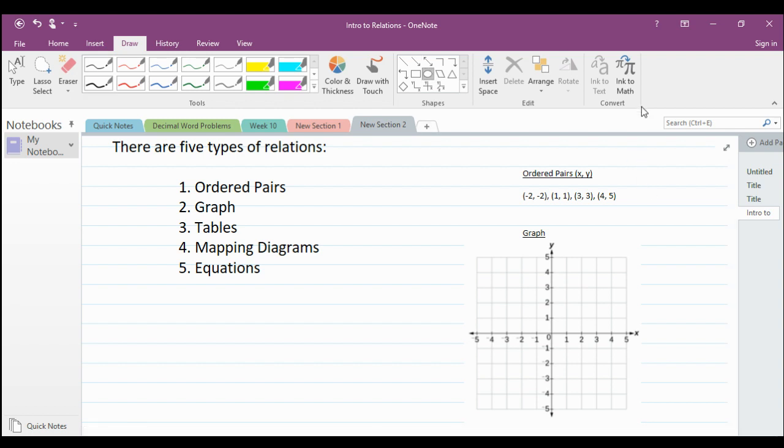So I'm going to use the circle here to make a nice circle right there. Then I've got (1, 1), which is right there. (3, 3), which is right here. Let me draw a little bit better for that one. And then (4, 5), which is right here.